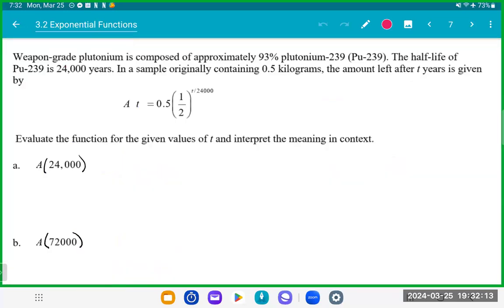All right. So you'll see some application problems with exponential functions. You guys will not have a word problem with the exponential functions. You may have it with what we did on the previous page, but you won't have one where you're calculating the half-life of something like we are here, okay?